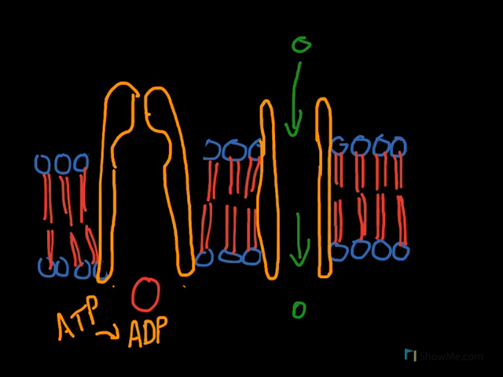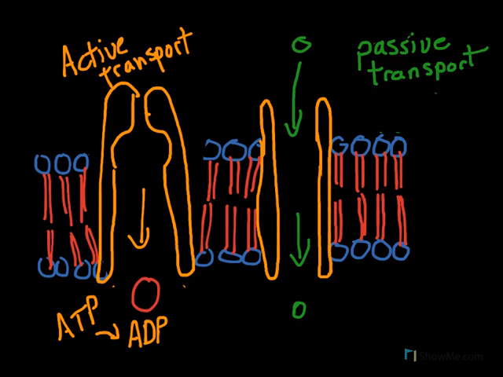Okay, so we have this molecule that just went through the cell membrane, and it required energy. That's that ATP to ADP. And it went through against the concentration gradient, whereas this green molecule over here just followed the concentration gradient from high to low. Okay, so we have our two different types of transport here.